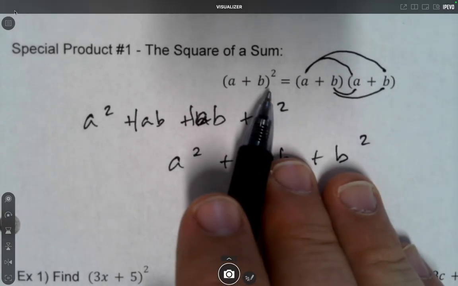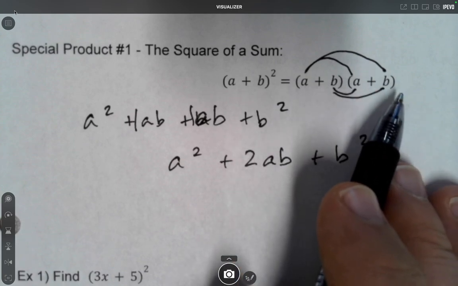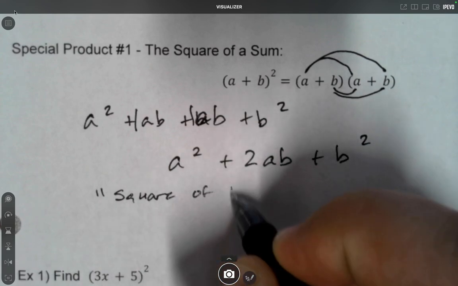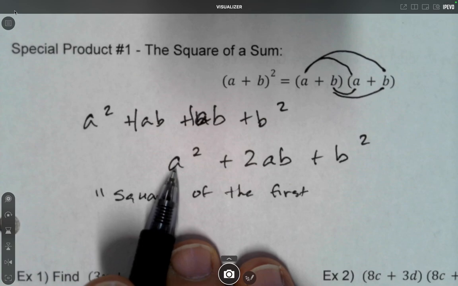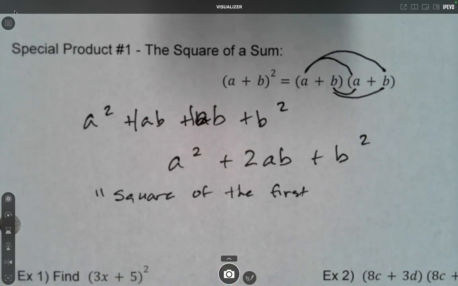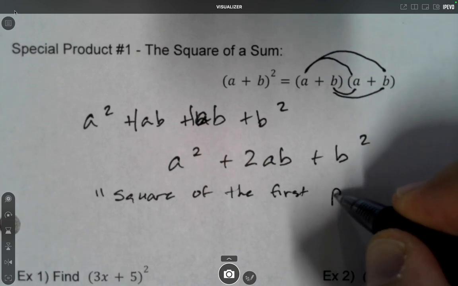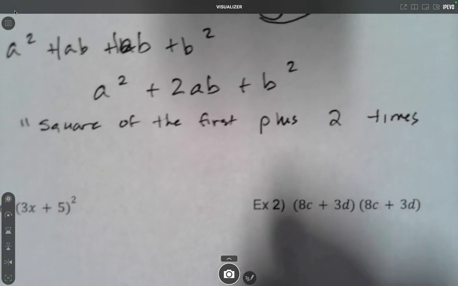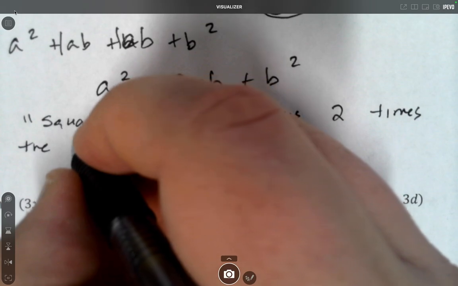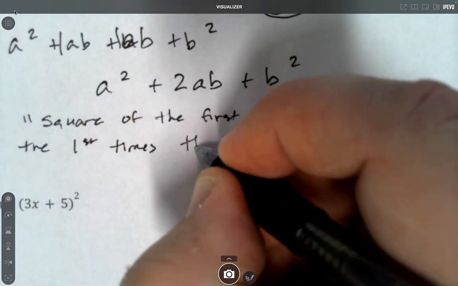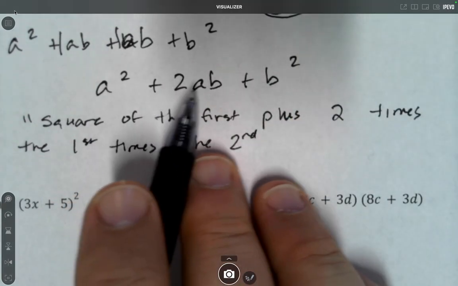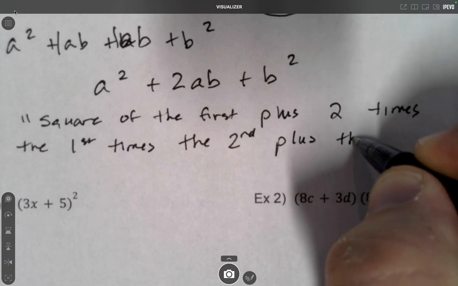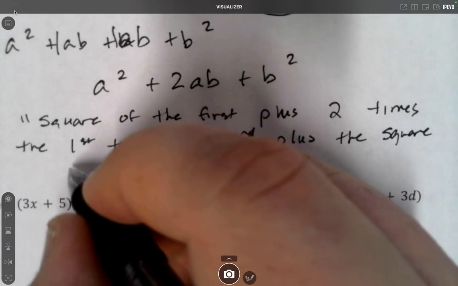Well, for anything where it's the same two things being added together, multiplied by itself, it's the square of the first, which you see right here, the square of the first term, plus 2 times the first times the second, that's the middle term, 2 times the first number times the second number, or first term times the second term, plus the square of the last.